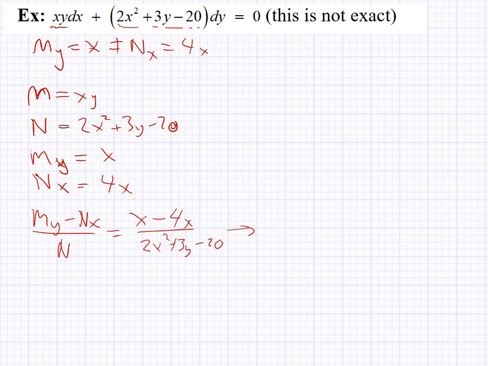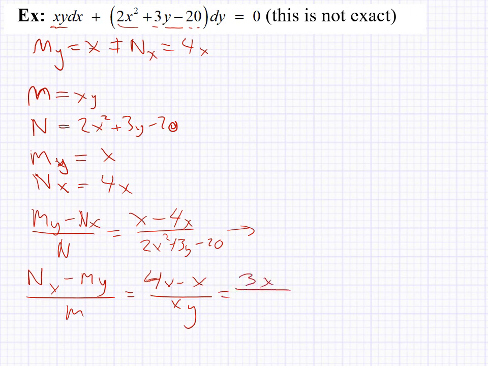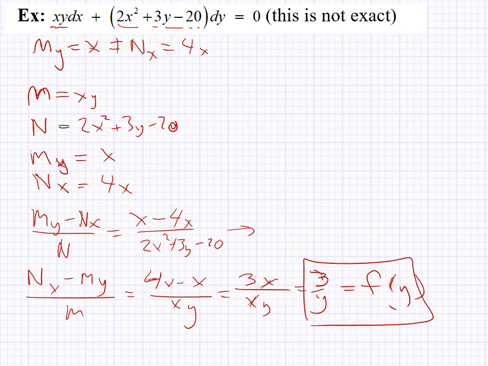Okay, so then let's look at the other one, which would be (Nx minus My) over M. So it's just reversing the order here. So we have 4x minus x over, in this case now, xy. Well, now I get 3x over xy. The x's cancel. I get 3 over y. That is a function of y. So that tells me if I use that second concept, I should be able to find the integrating factor.